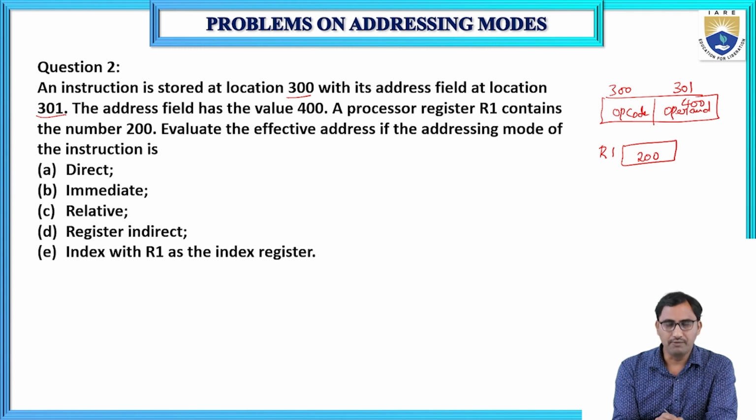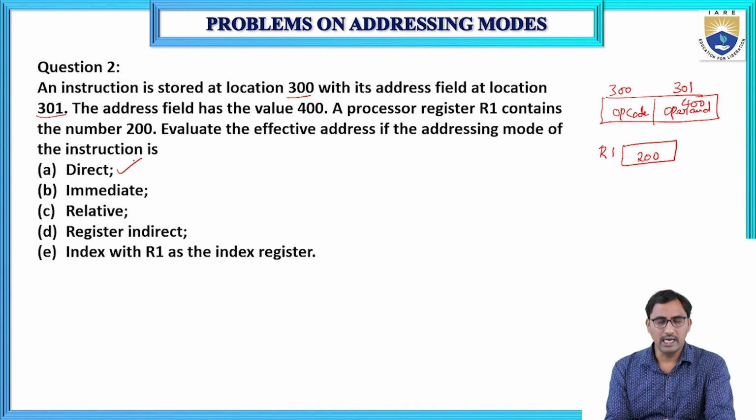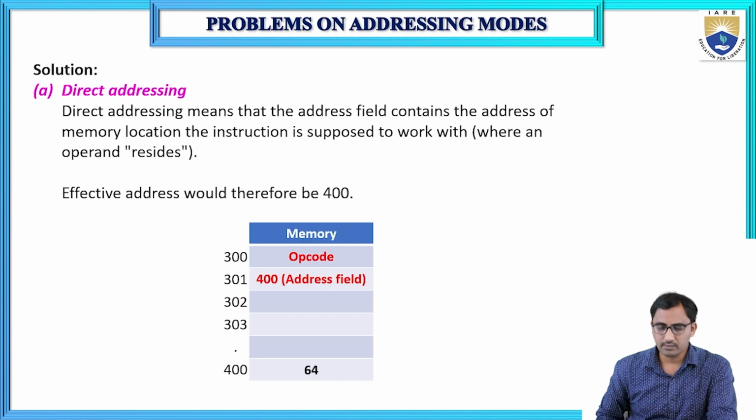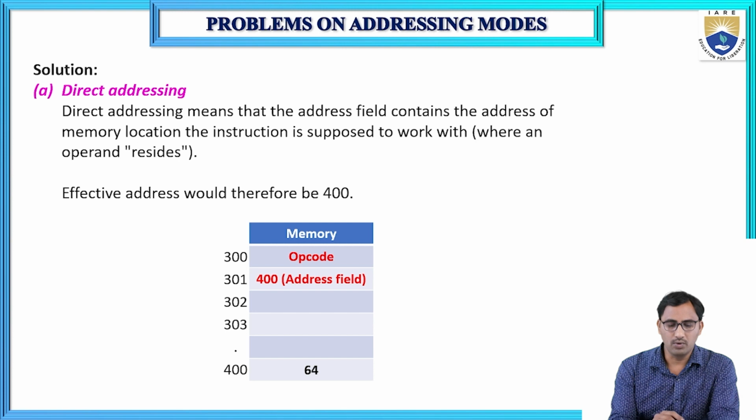We have different addressing modes. First one is the direct addressing mode. Direct addressing mode means the effective address is given in the instruction directly. The address field contains the address of the memory location the instruction is supposed to work with.